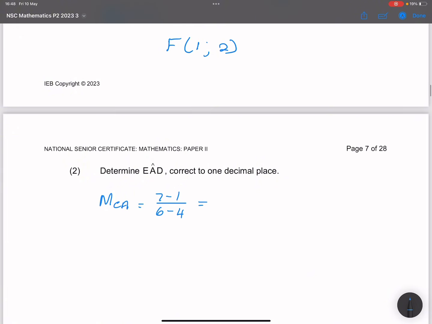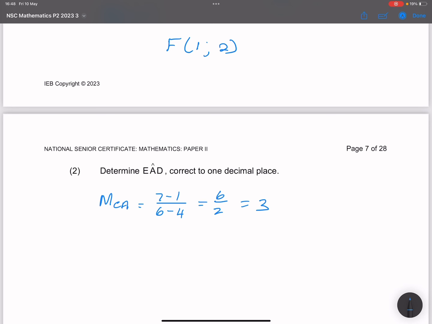So 7 minus 1 gives us 6, and 6 minus 4 gives us 2. So that's 6 over 2, which gives us 3. So the gradient of the line CA is 3.